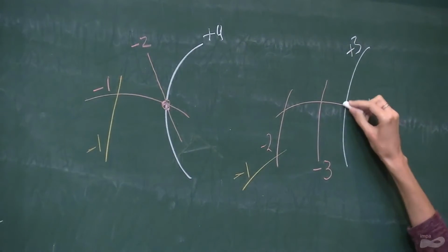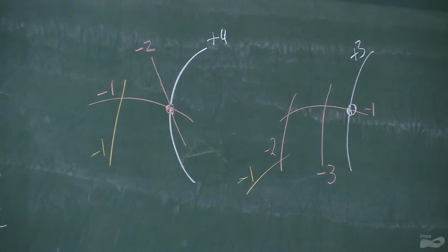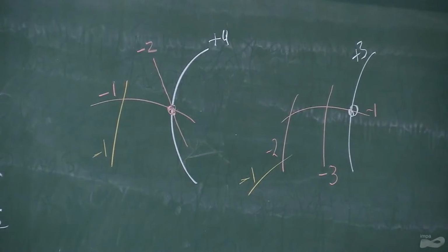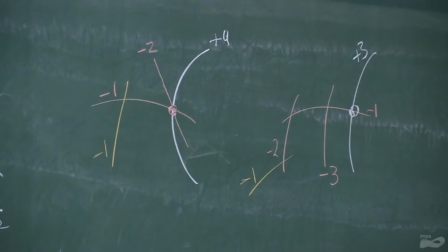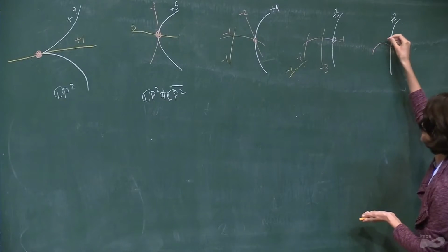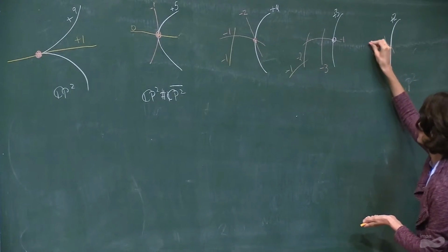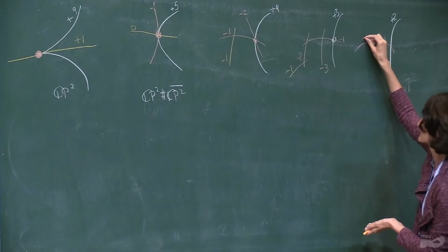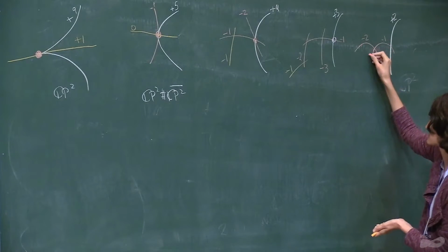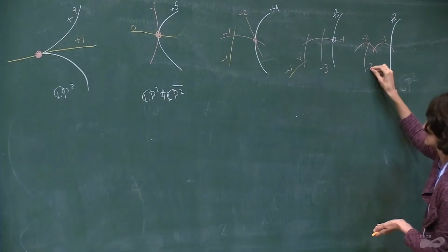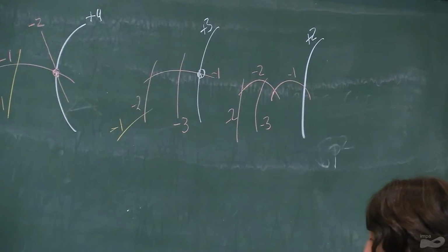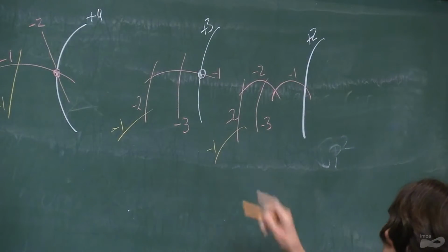And then we'll just keep going. Why not? We could blow up again. The +3 goes onto a +2. We get another new exceptional sphere. And then all the rest of this stuff moves off a little bit. So this -1 becomes a -2. It's got this one hanging off of it, this one, and this one.